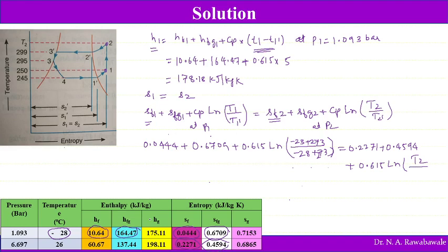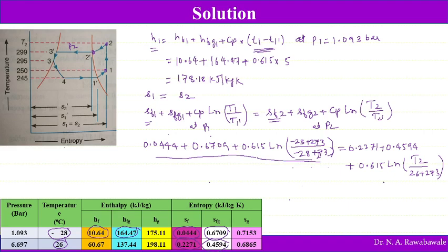T2 dash is the saturation temperature at pressure P2, which is 26 degrees Celsius, so 26 plus 273. So we simplify the left hand side and write its answer, and then we simplify the right hand side.